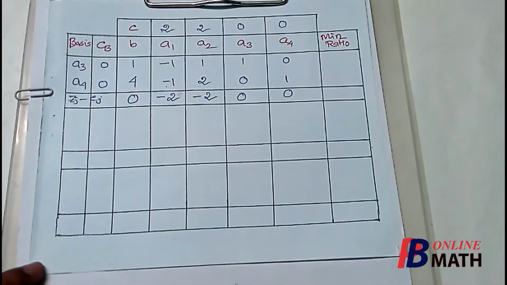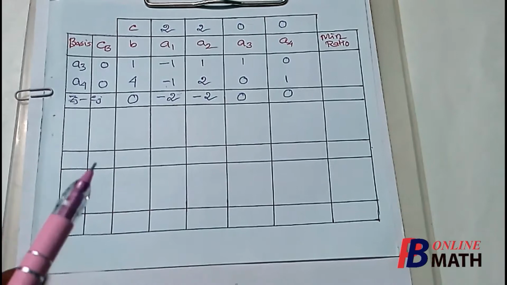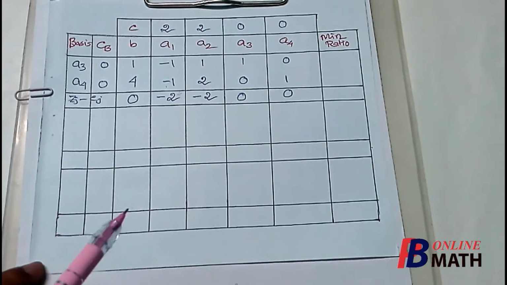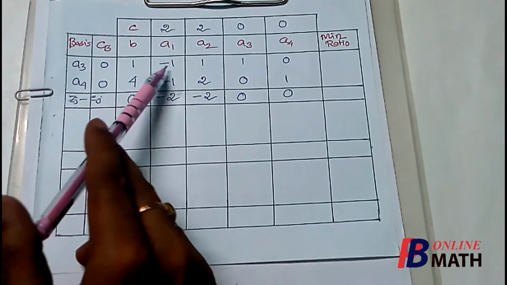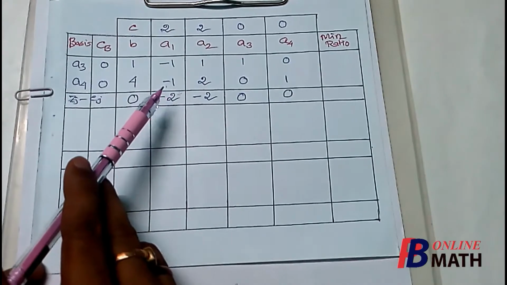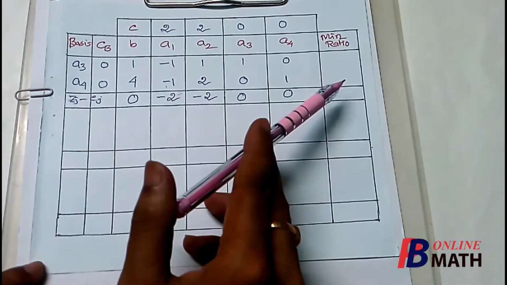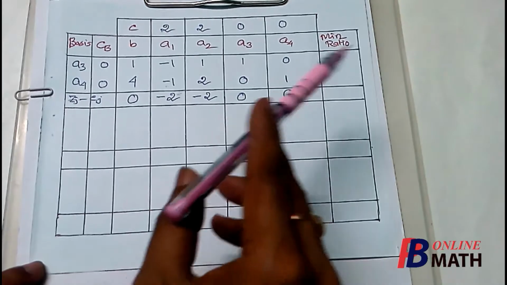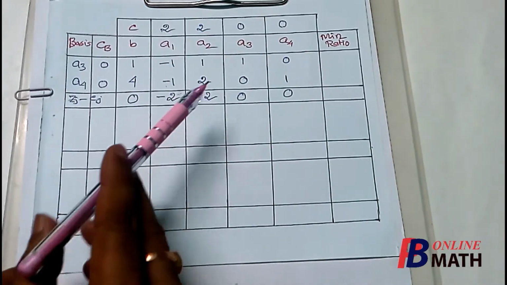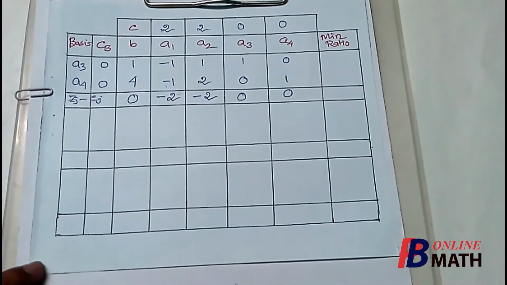But we know that we shall select those ratios which are non-negative and finite. Here we find that both the ratios are negative. So there does not exist any ratio which is non-negative and finite. So in that case the problem is said to have an unbounded solution.